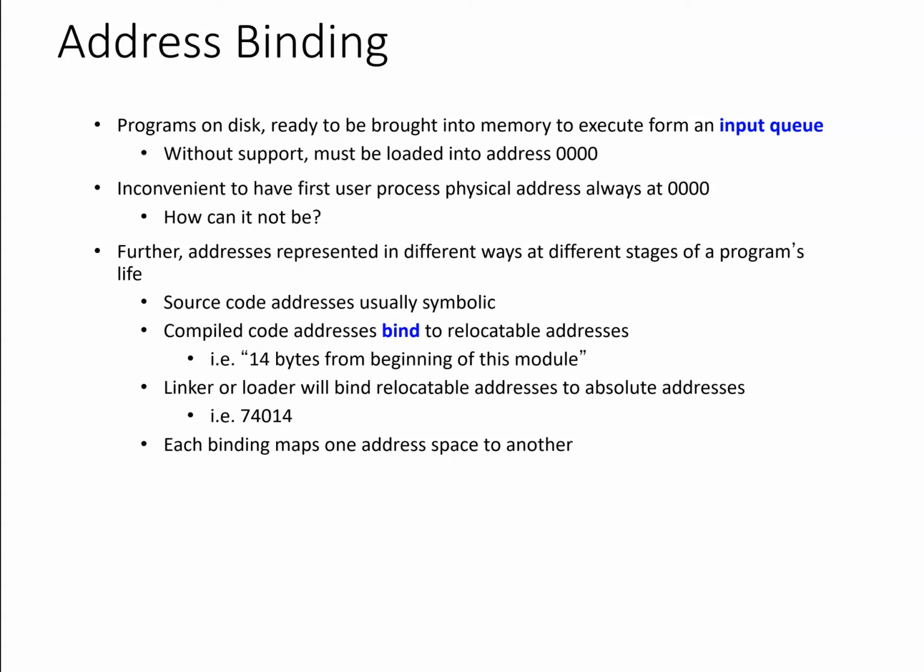We've got symbolic addresses in source code, and compiled code addresses, which can be bound to relocatable addresses, for example, 14 bytes from the beginning. The linker or loader will bind relocatable addresses to absolute addresses, and each binding maps one address space to another.